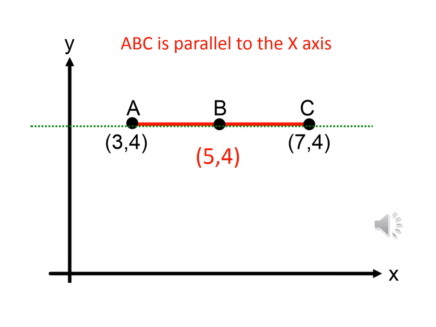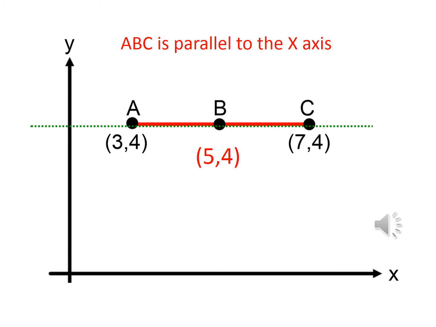So we've worked out from the information that we're given in the question and from our understanding that the x coordinate comes first, we've used that information to work out that the x coordinate for B is 5. We're told some other information in the question, and that's that the line ABC is parallel to the x-axis, and that means that A, B and C are all exactly the same distance away from the x-axis, the horizontal line at the bottom.